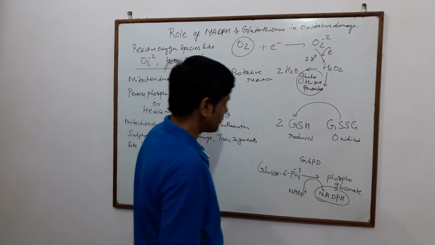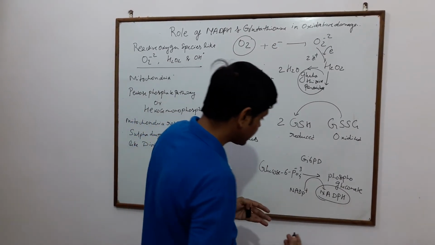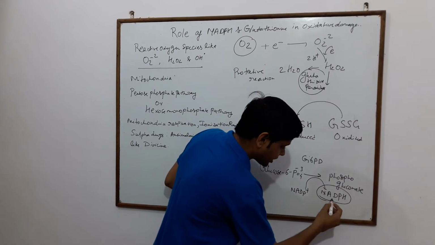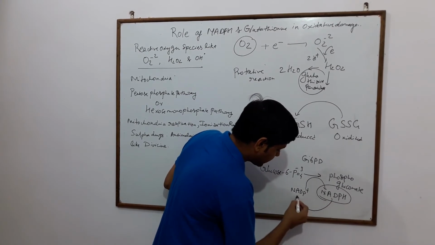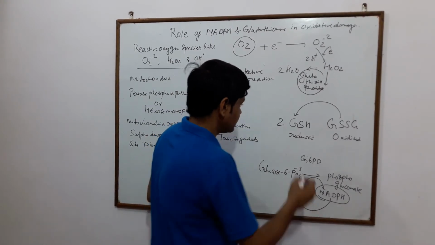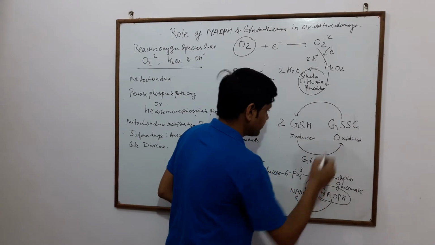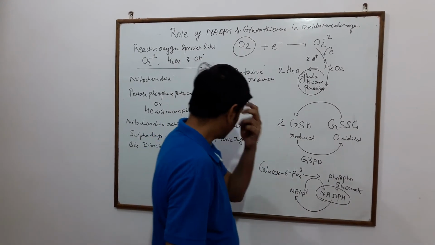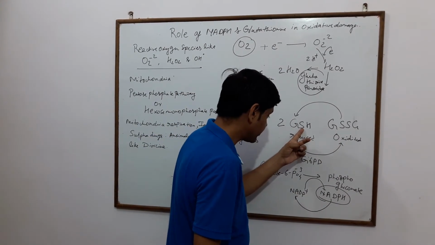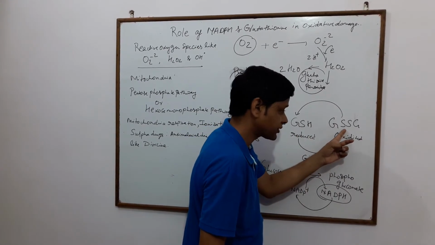Okay, but in the reverse case, when the NADPH is not available, it is converted back into NADP. Then what happens? GSH, the reduced form, is converted into the oxidized form. It means the thiol group that is available in GSH is converted back into sulfur atoms.